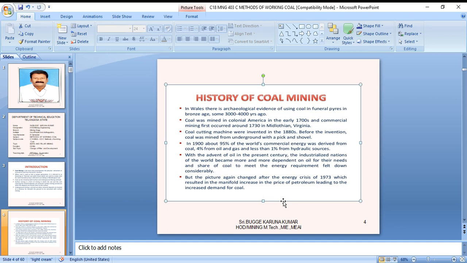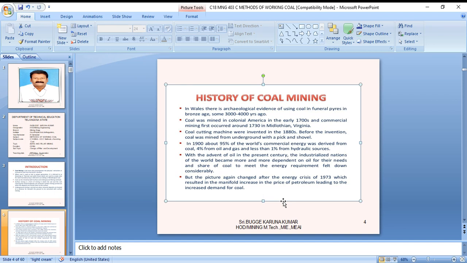With the discovery of oil in the present century, the industrialized nations of the world became more and more dependent on oil for their needs, and the share of coal in meeting energy requirements went down considerably.